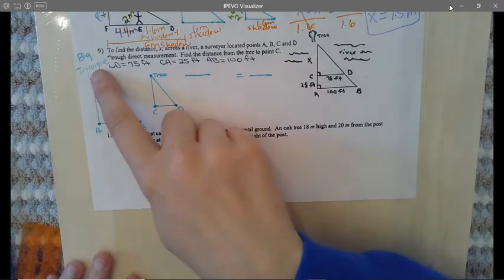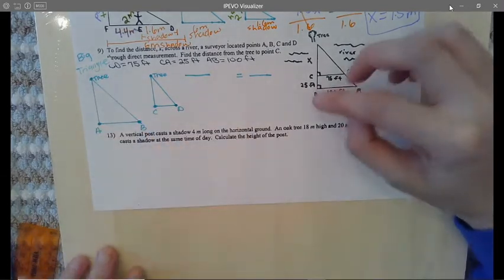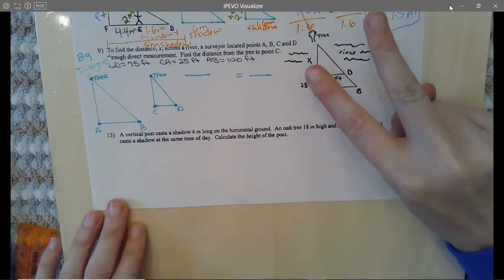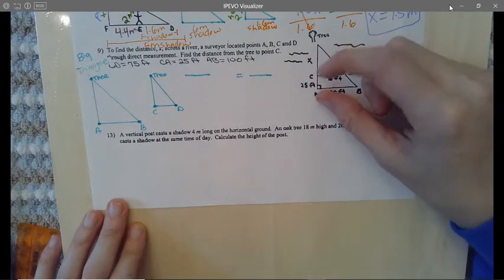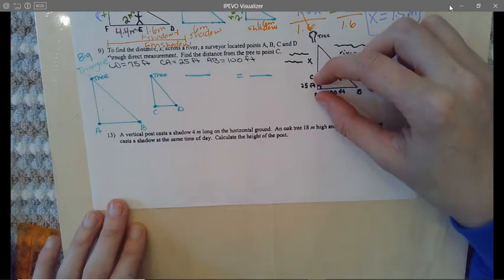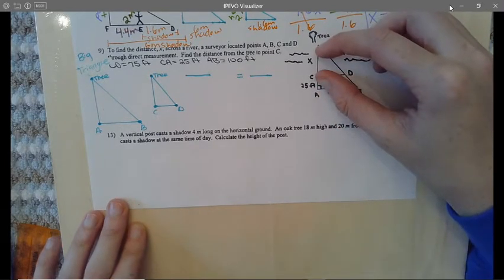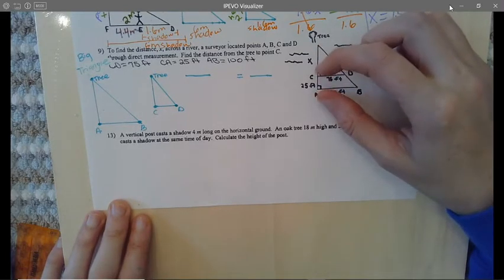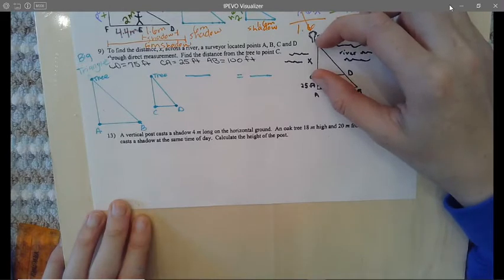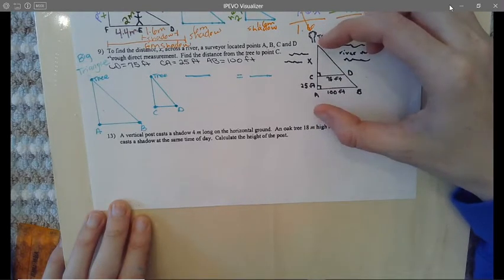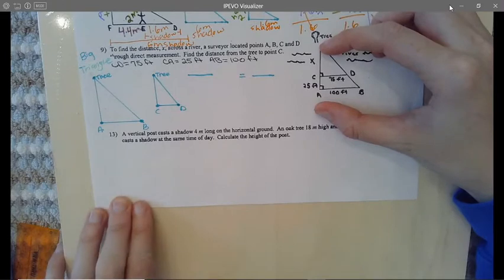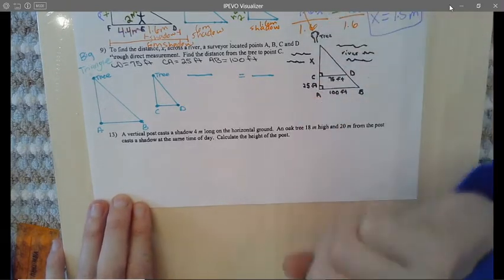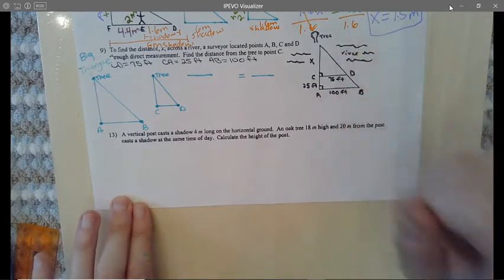If we look at our big triangle, the distance from A to the tree is made up of two distances: the distance AC, as well as the distance from C to the tree, which I don't know, so we're calling it x. If this distance is 25 and this distance is x, what would be the entire distance of that side of the triangle? Well, we are going to add them together.